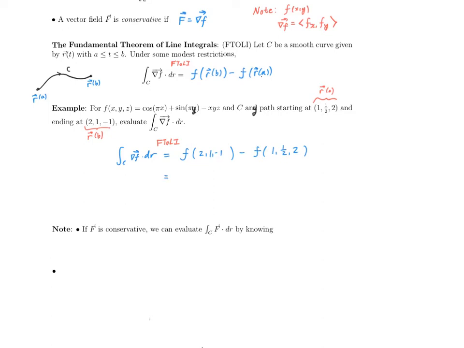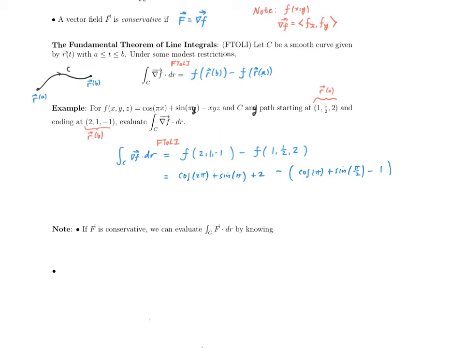So in the first case, f(2, 1, -1) is cosine of 2 pi plus sine of pi minus 2 times 1 times -1. So I'll go ahead and just say plus 2. And then we subtract away cosine pi plus sine of pi over 2 minus 1 times 1/2 times 2.